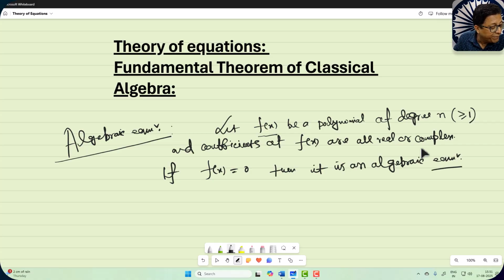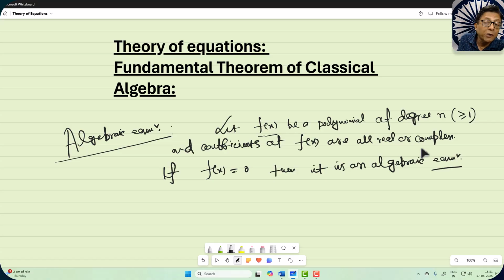A polynomial you have never written equal to 0, but here we will be writing f(x) equal to 0, because in theory of equations, there must be an equation. This f(x) equal to 0 means the polynomial you are comparing to 0.